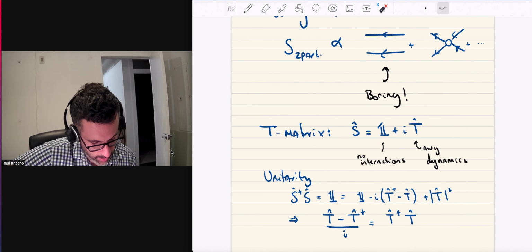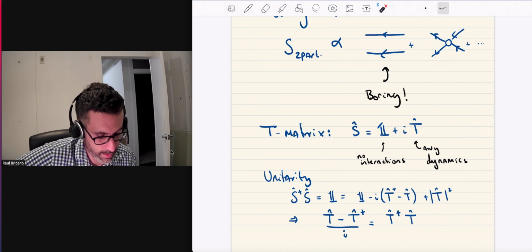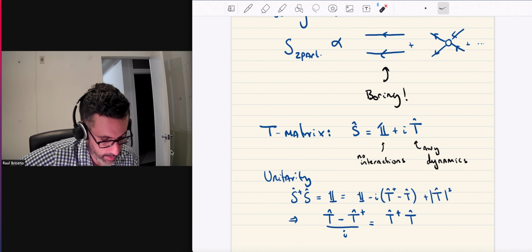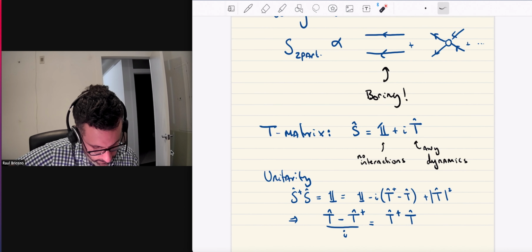Then 1 times minus i T dagger, and I pull out an i, and then 1 times iT, and I pull out a sign. And then I'll have i times minus i times T dagger times T, right? This is the mod square of T. And so this is just multiplying this out.